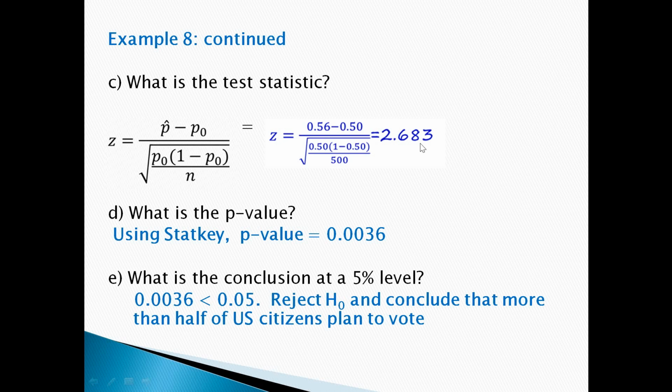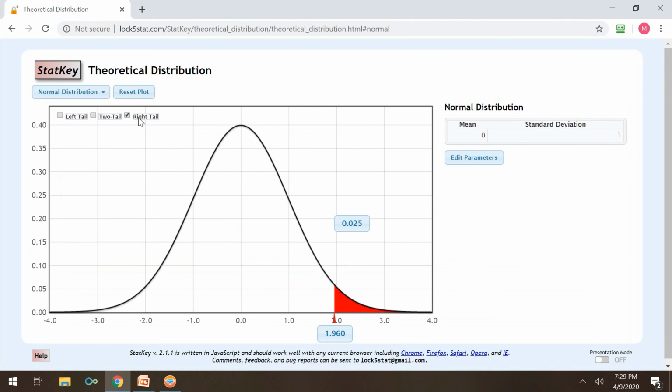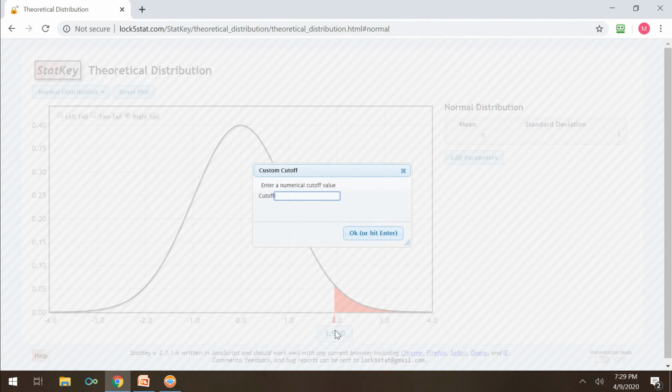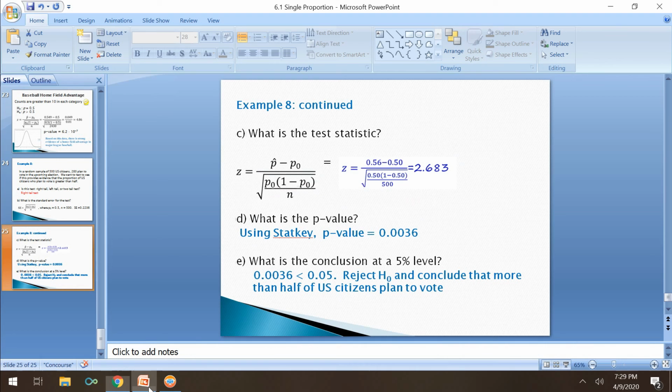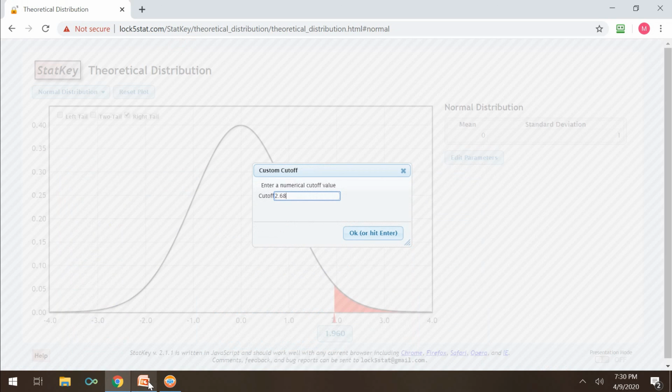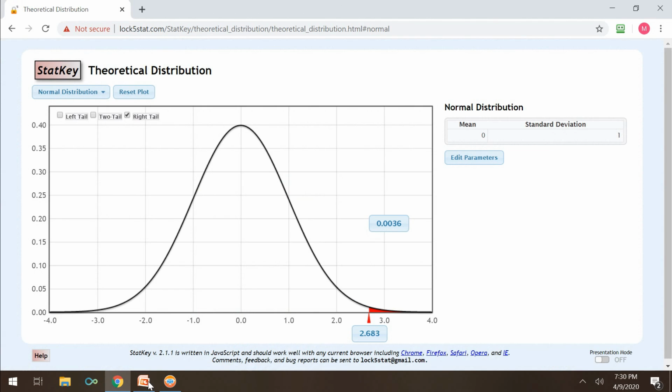Once you have the Z, you need to go to StatKey to find the p-value. So let's do this. This is a right tail test. Z is 2.683. And once you enter your Z, you can see the p-value over here. So the p-value is 0.0036.